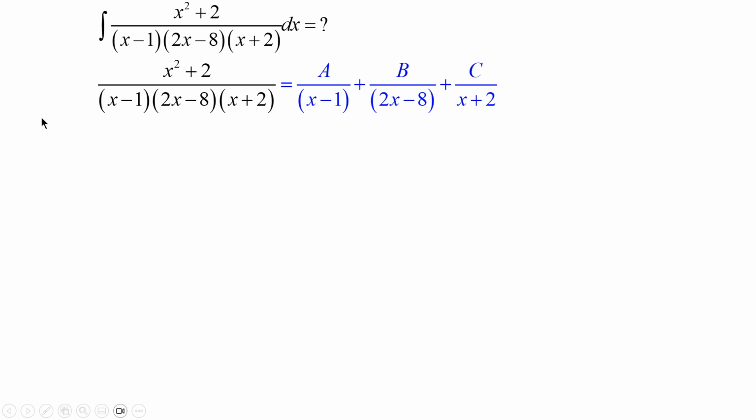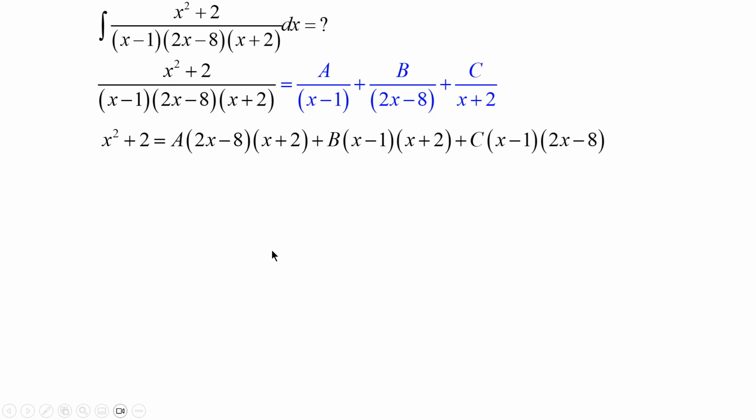Now we're going to multiply everything by the divisor on the left to get x squared plus 2 equals, and then the x minus 1's cancel, and I have A times 2x minus 8 times x plus 2. And then the 2x minus 8's cancel to get B times x minus 1 times x plus 2. And then the x plus 2's cancel to get C times x minus 1 times 2x minus 8.